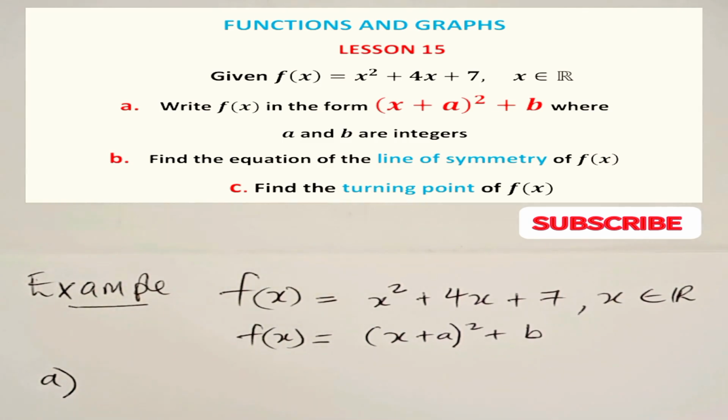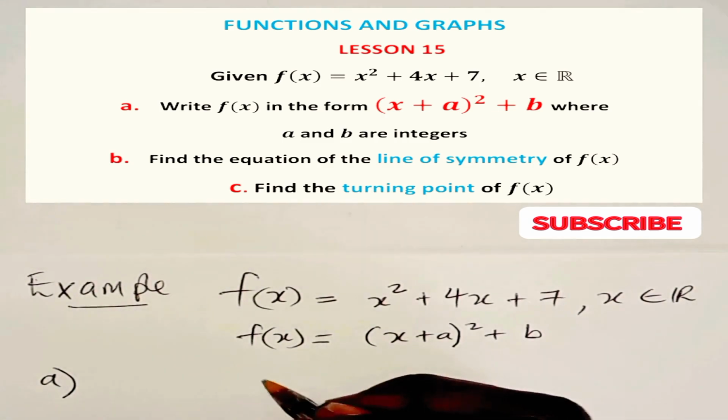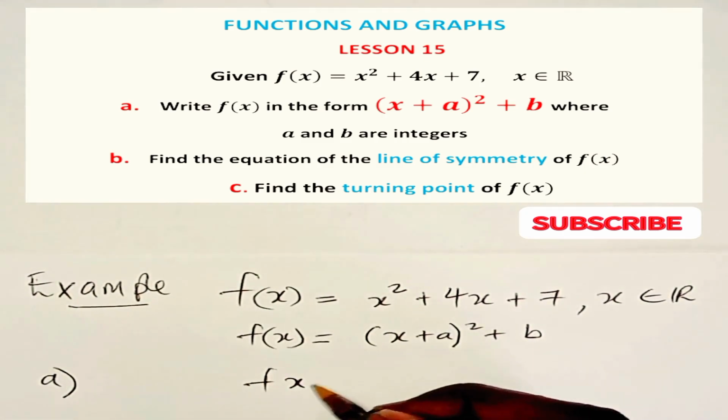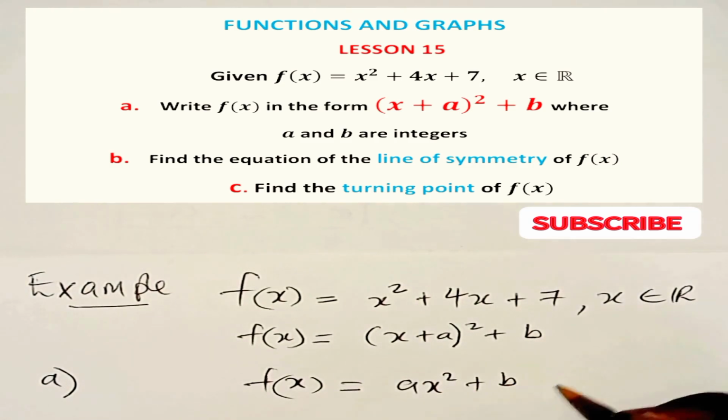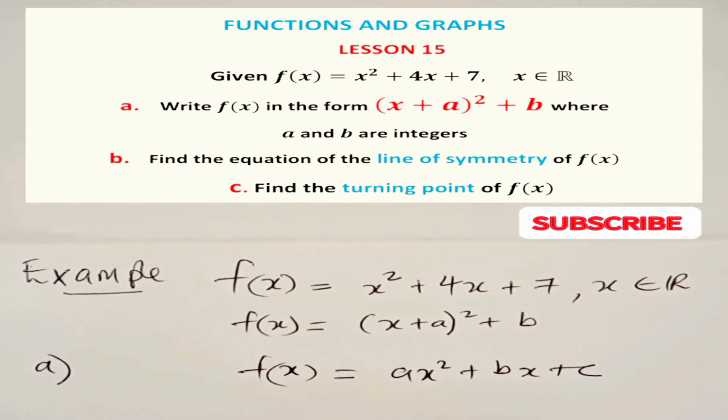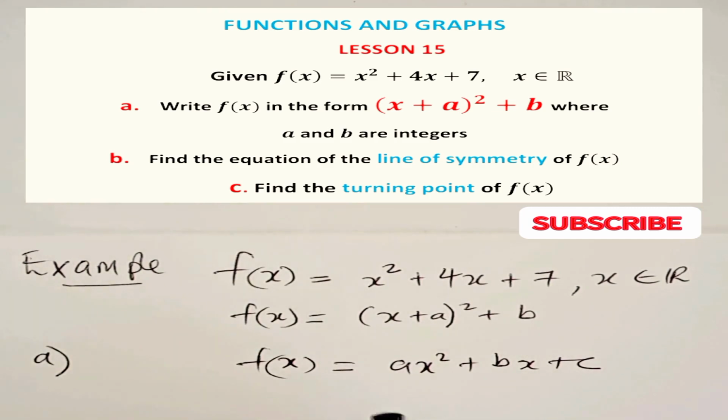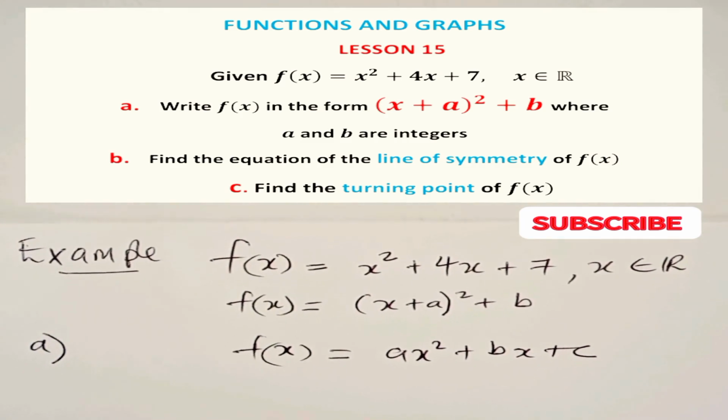Now, we have our function in the form f(x) is equal to ax squared plus bx plus c. Now, before completing the square, you have to make sure that the coefficient of x squared is 1. And in this regard, that is the case because we have 1 as the coefficient of x squared.